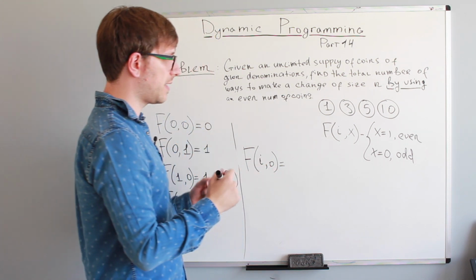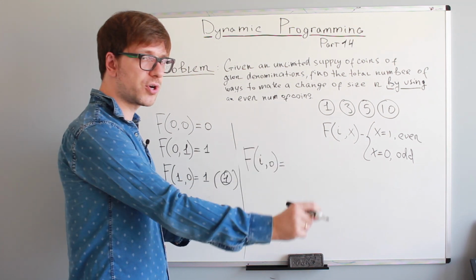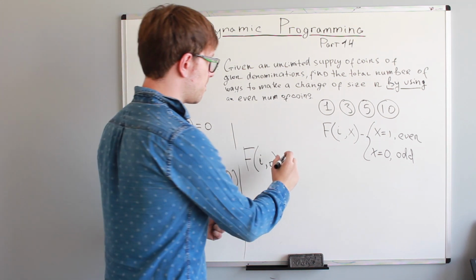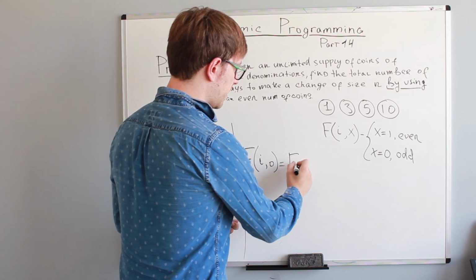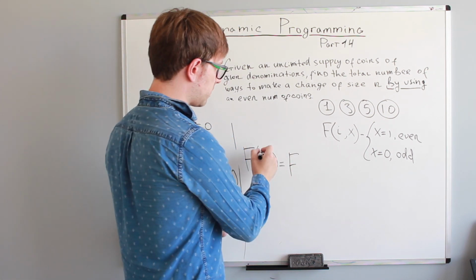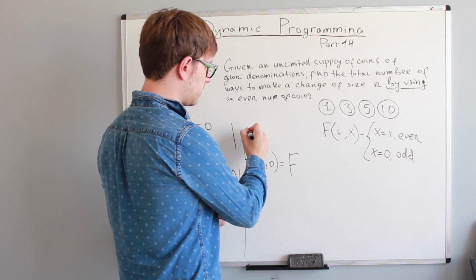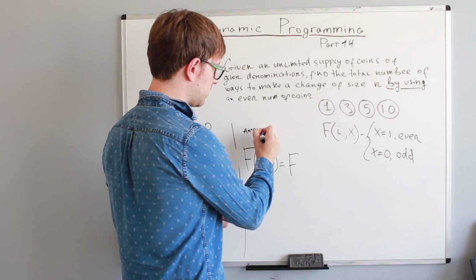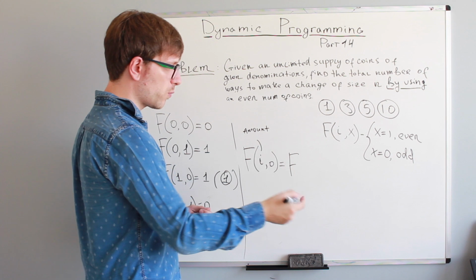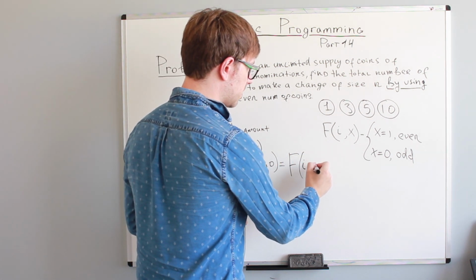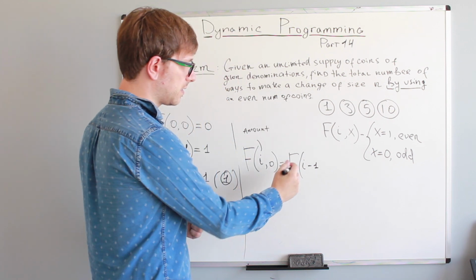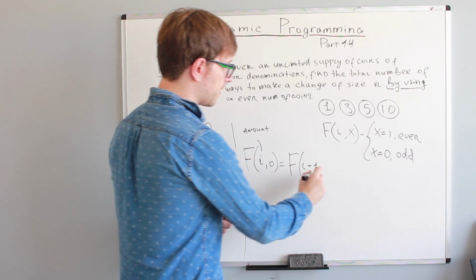What is going to be the next state once we return 1 cent? We will be in the state when we have 1 cent less. This I is the amount, just as a reminder. If we return 1 cent, we'll still have to return I minus 1. This is the next state.